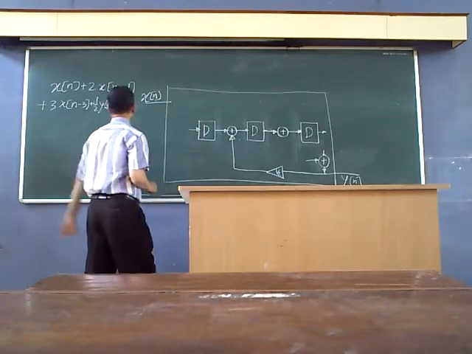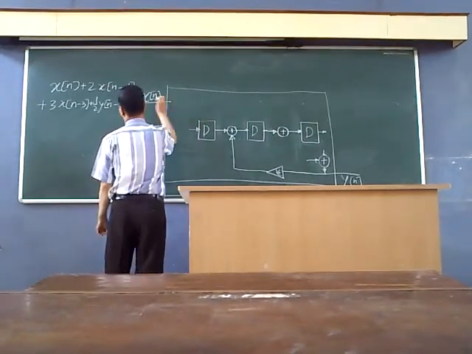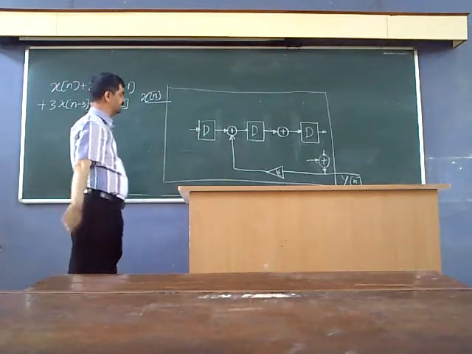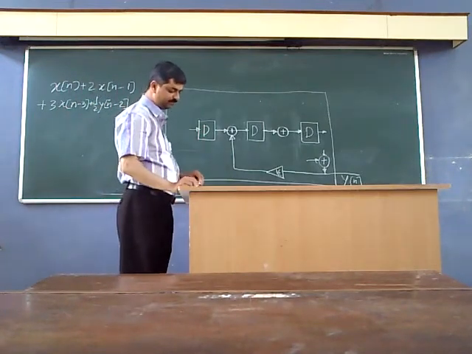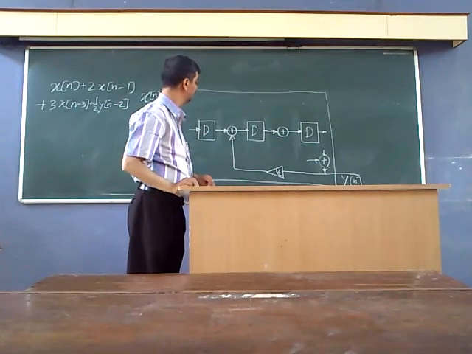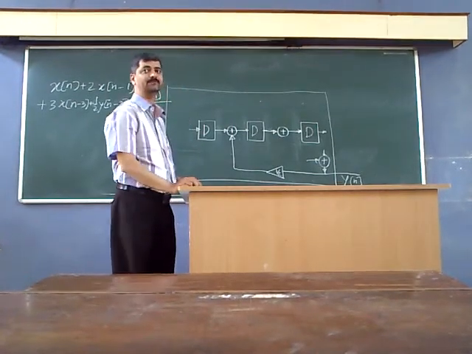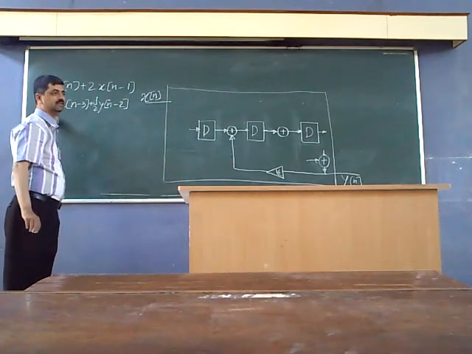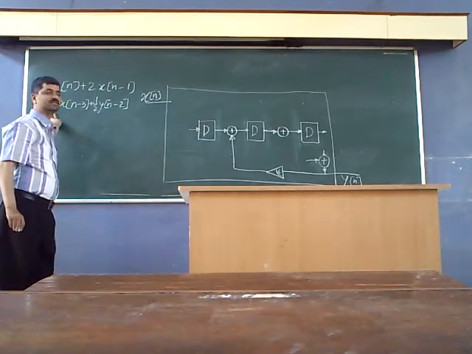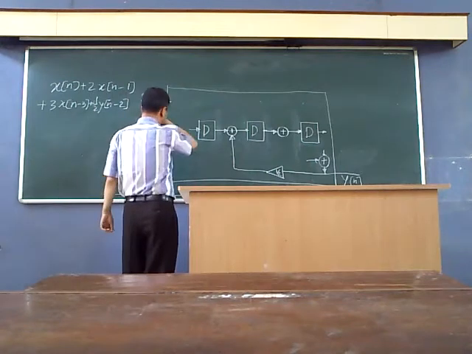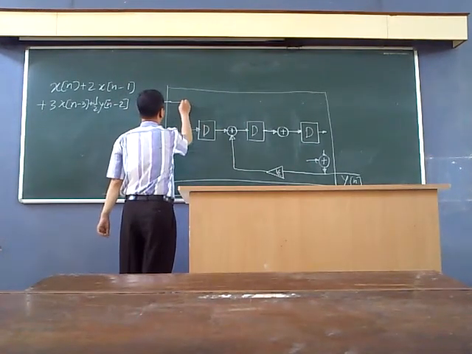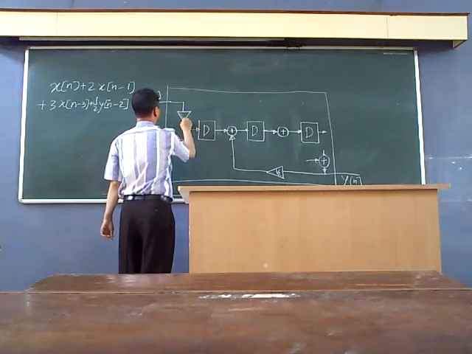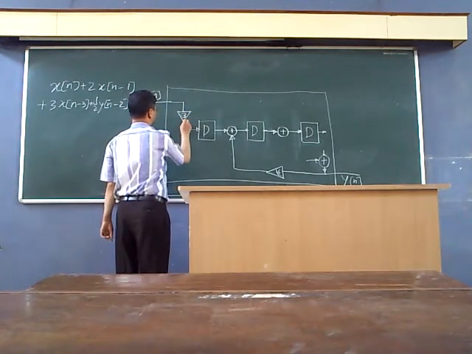So xn is available. Next, 2xn minus 1 I have. Then after 2xn minus 1 I have 3xn minus 3. Again I am going brute force, deliberately, because everybody should understand.